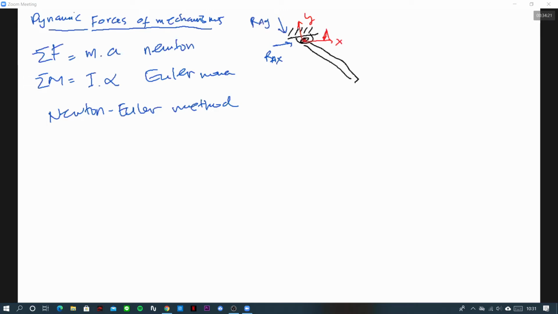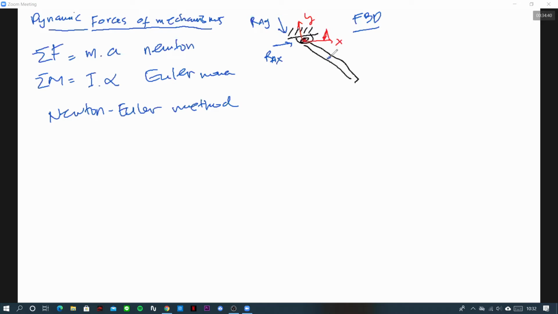Okay, and what else do we have here? Before writing the equations, you have to decompose by using the free body diagram. So we call this a free body diagram.